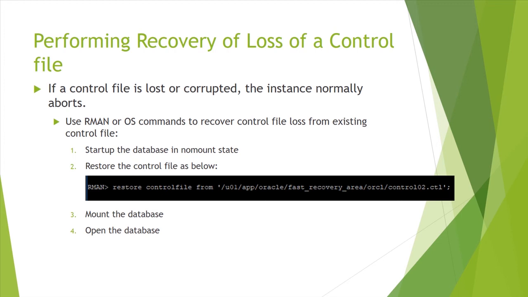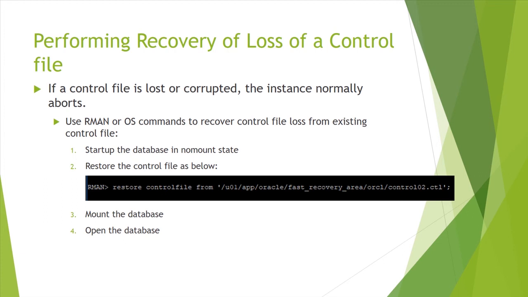The first step is to start up the database in no mount state, then restore the control file from the existing control file. Again, we have a multiplexed control file and you lost one of the control files. For example, you lost the control file that's stored under /02.